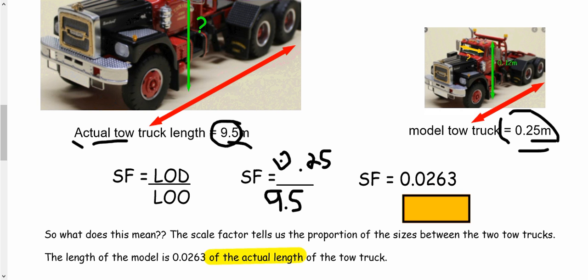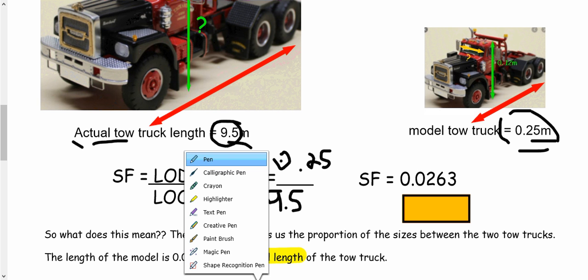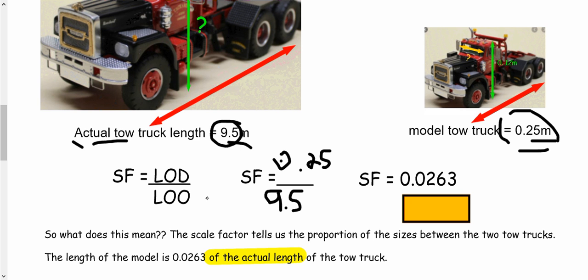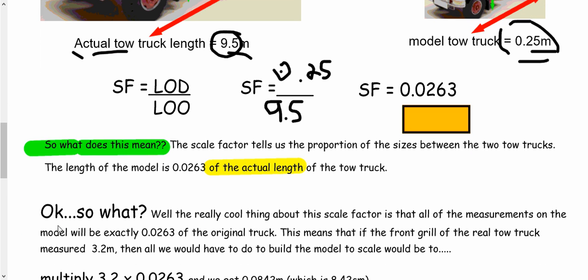But what does it mean? The scale factor tells us the proportion of the sizes between the two tow trucks. The length of the model is 0.0263 of the actual length of the tow truck.